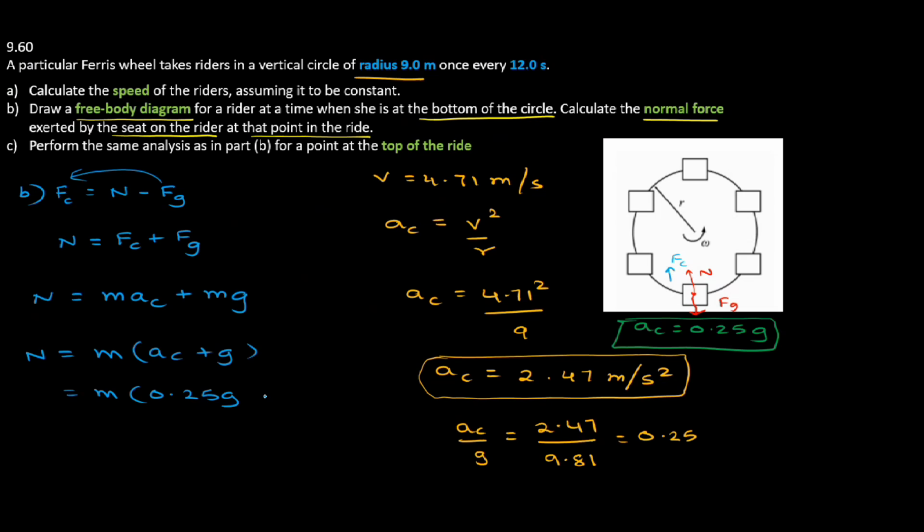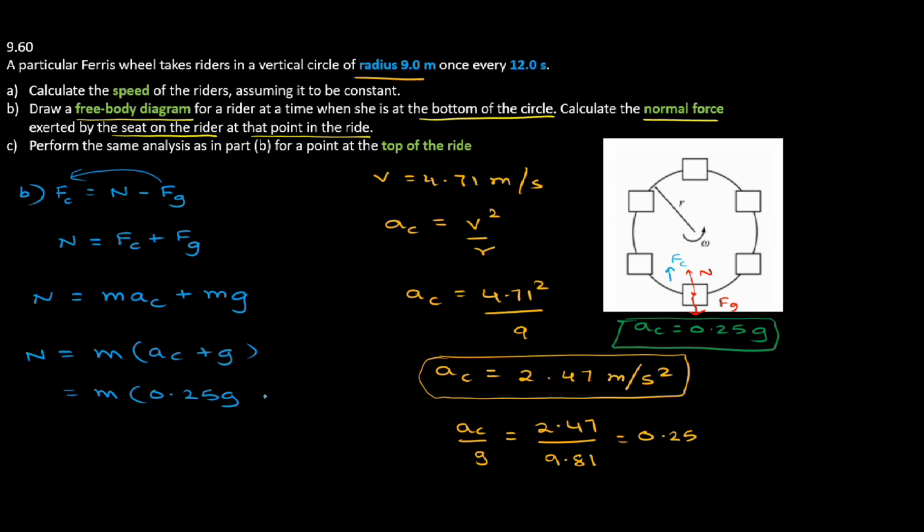Take g common outside: m g times 0.25 plus 1.